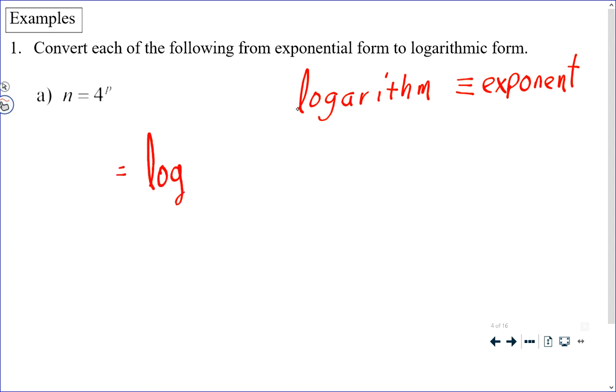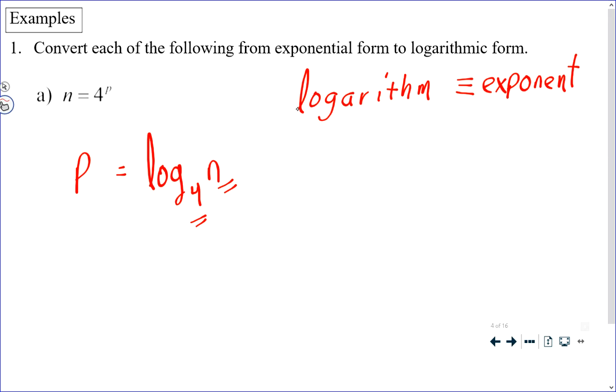Well, the logarithm is the exponent, which means it's going to be equal to p. We have n equals 4 to the p, so p is the exponent. It's the logarithm. It's a base 4 logarithm of n.